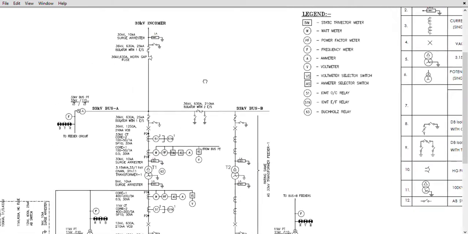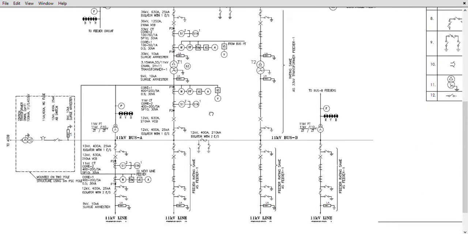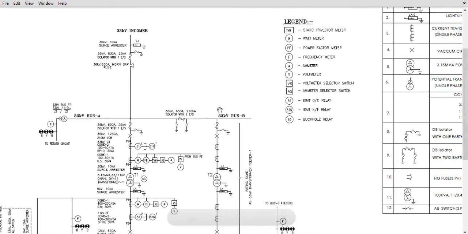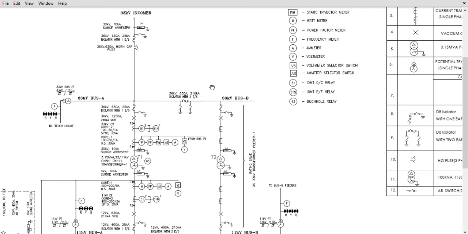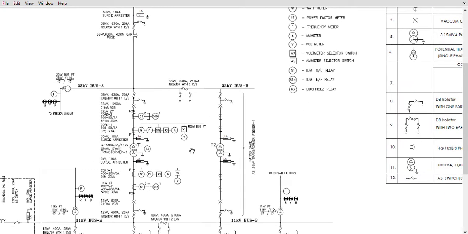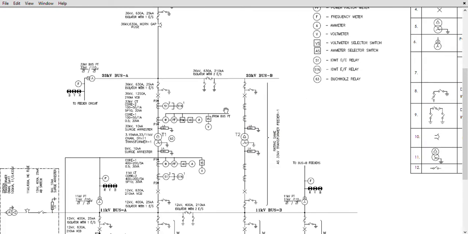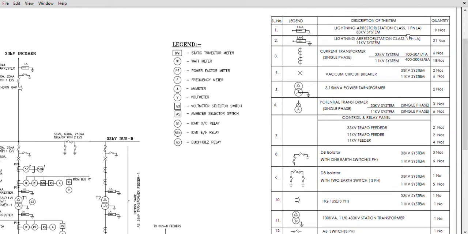For easy representation, we have just represented it with a single line. That is the reason a single line diagram does not contain any dimensions, but it will contain the details of equipment and the details of busbar systems, and finally the quantity of major equipment.